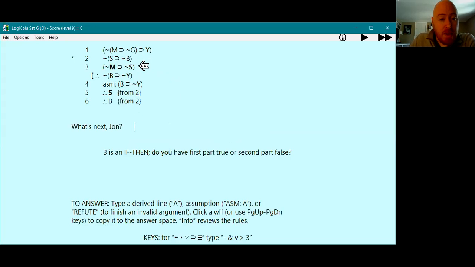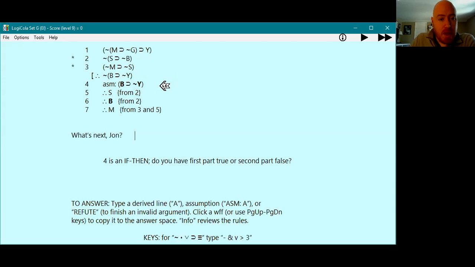Now, here with 3 and 5, we've got if not M is true, then not S is true. And we've got that S is true down here. So by modus tollens, we can get not M. If not M, then not S. Well, S is equivalent to not not S. So we can get not M, which is equivalent to M.